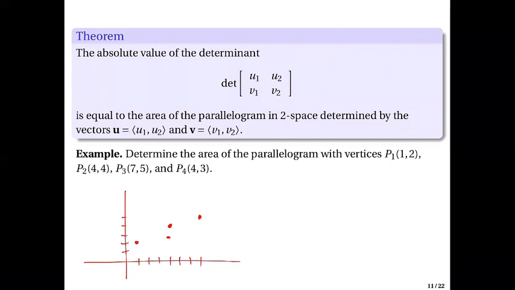The parallelogram will look something like this. Here, then here, then here. So that's the parallelogram. It is not perfect, but that's the parallelogram.